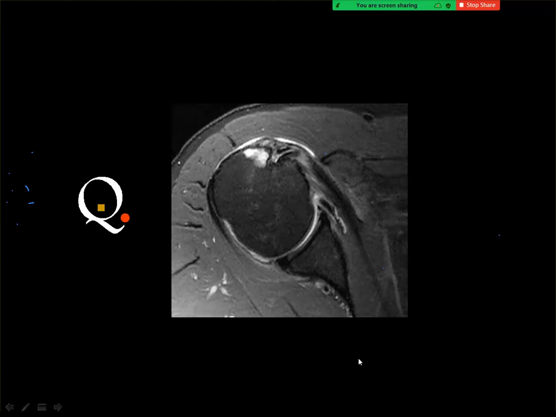Subscapularis tendon. Partial tear or complete tear? Infraspinatus is intact, and this is the subscapularis. What do you think? Is it a full thickness tear or a partial thickness tear? Partial thickness tear. What do you think of this structure?